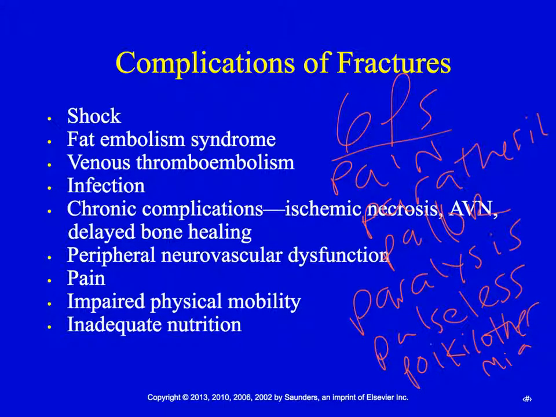Calcium supplements for those people who have a spontaneous fracture related to osteoporosis. Increased calorie intake, that typically helps with healing as well. So it depends on the patient and their situation, but those are definitely the things that we want to make sure that they have enough nutrition to help healing.